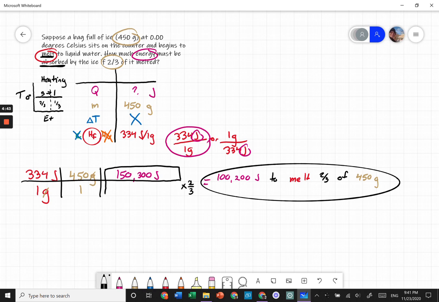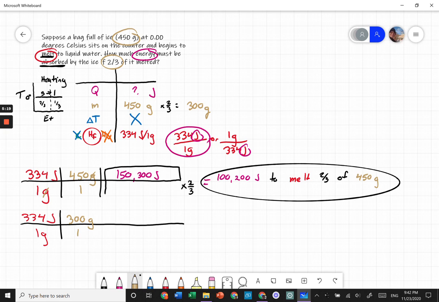Another way we can do that is, instead of multiplying the 2/3 at the end, we can say, instead of our mass being a total of 450 grams, we multiply that by 2/3, and that should give us 300 grams. And then we would just use that number instead for our table. It would be the exact same setup for our ladder, where we have our 334 joules required to melt 1 gram of the substance, but instead of multiplying by 450, we multiply by just 300.